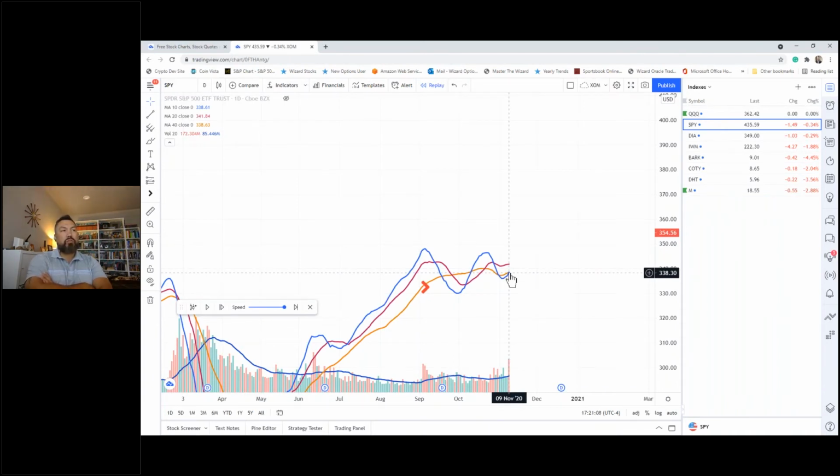Look below: how much volume made that trend change? There were 172 million shares traded on that day, November 9, 2020. The typical average day has been 85 million. So we're talking over 2 times, and this is one of the most actively traded symbols in the market.